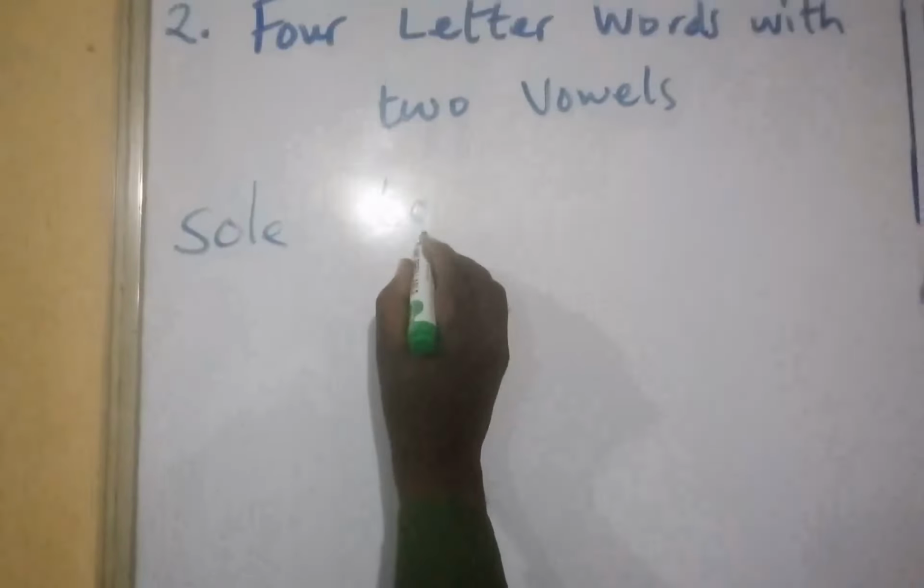Okay, so I want to believe you have really gotten these 4-letter words. More importantly, I want you to really understand that in 4-letter words, where you have 2 vowels, retain the first vowel and silence the second vowel. So with this, you get it more easier.